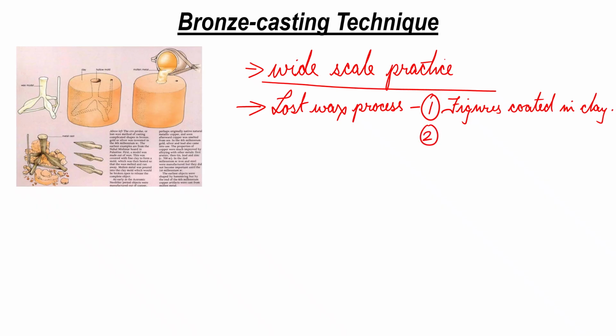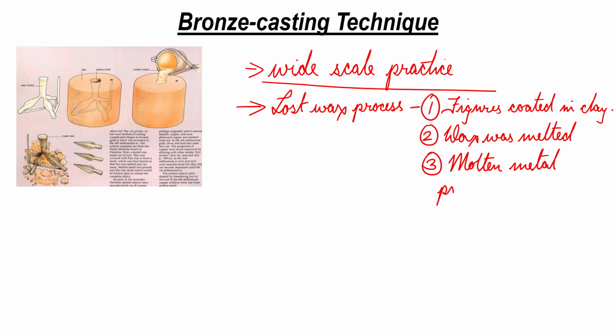Step two was that wax was melted, and step three was that molten metal was poured in the wax.